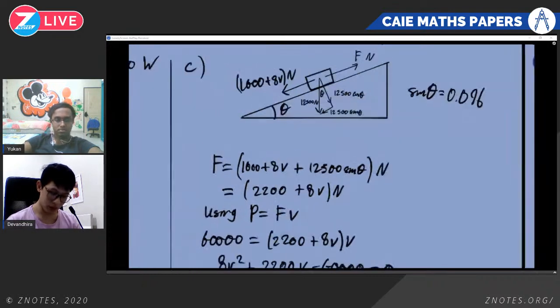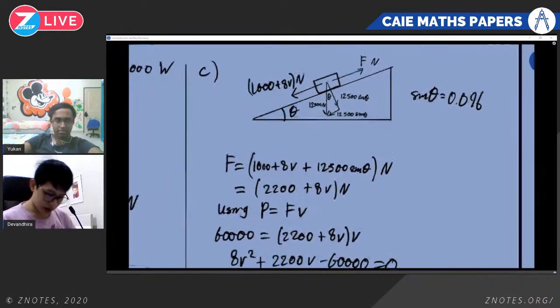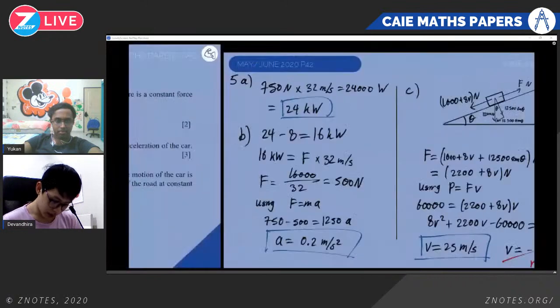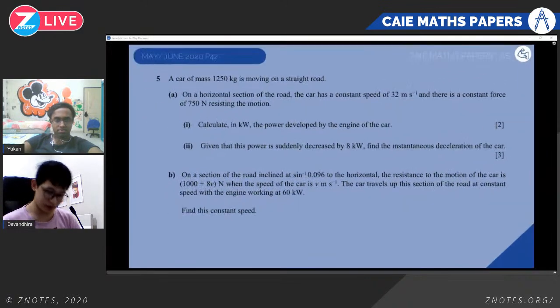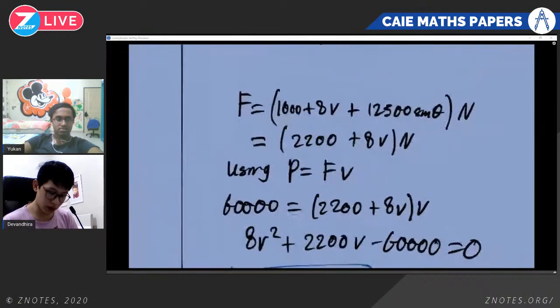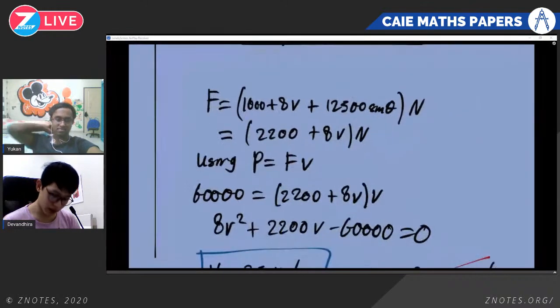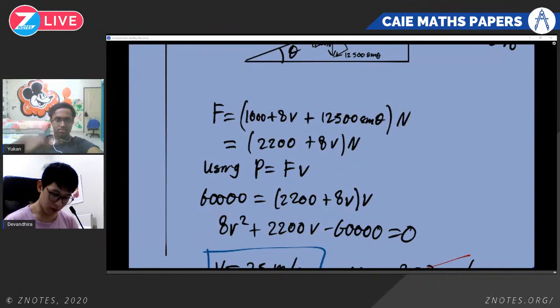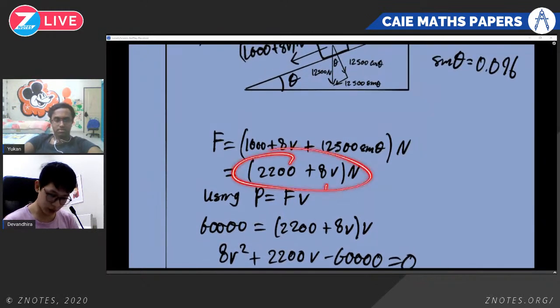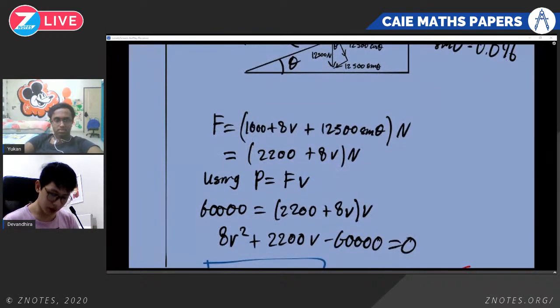Next thing, it says, let me go back here. It says that the engine is working at 60 kilowatt or 60,000 watt. That means we can use our formula again, that P is equal to FV, that our power is 60,000 watt, and our force, which is this one right here, we can put this in, and our V, which we don't know yet, but it's V. So you have the force multiplied by the velocity, correct?